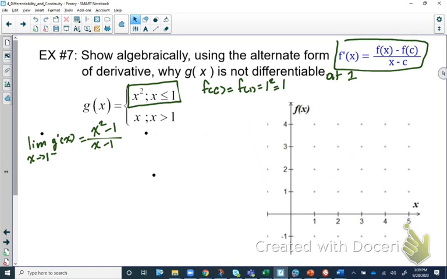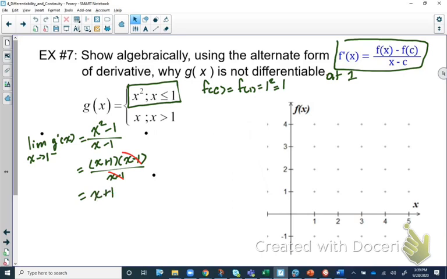So in the numerator, we have the difference of 2 squares, so I'm going to factor that, x plus 1 times x minus 1, and the denominator has the factor of x minus 1. So the numerator and the denominator have a common factor of x minus 1 that will simplify, leaving me the function just x plus 1.